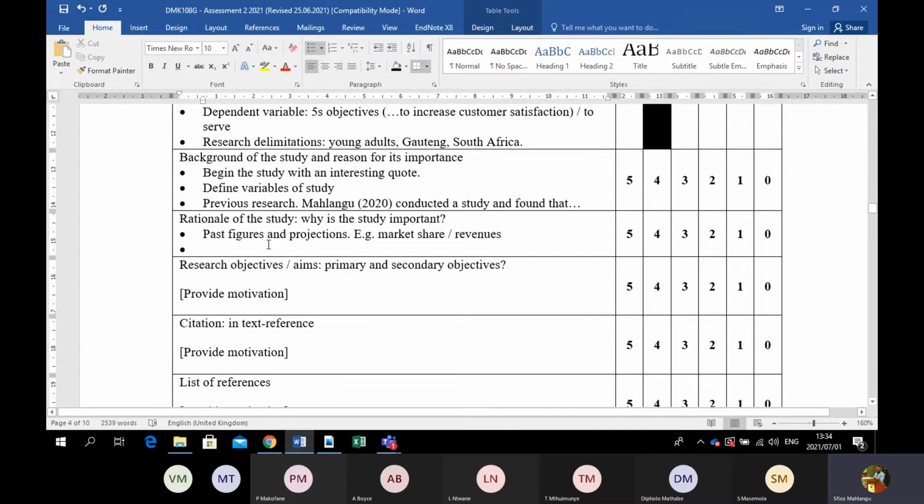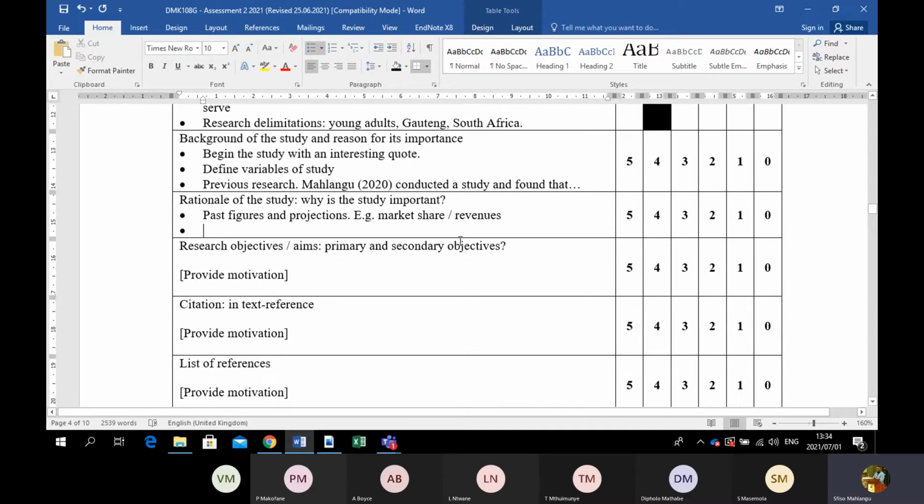So in other words, if a person sees that there is a lot of market share, there is a lot of money made and projections that they can make a lot of money, it shows the importance of the study as well. Under rationale, we also look for market share, revenues, past figures and projections.